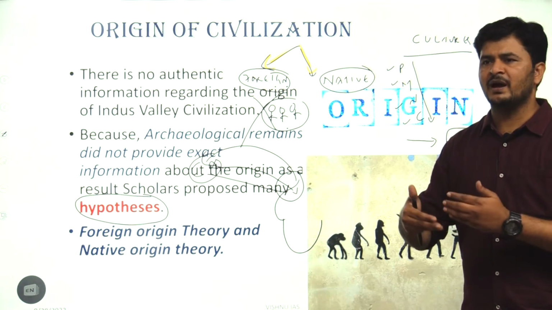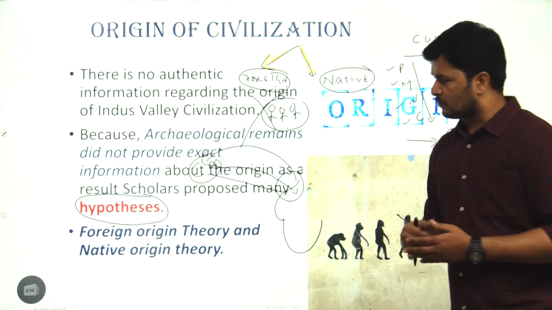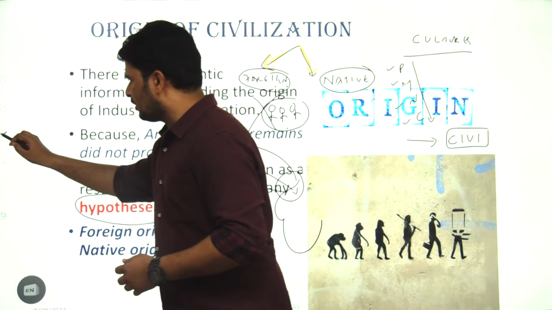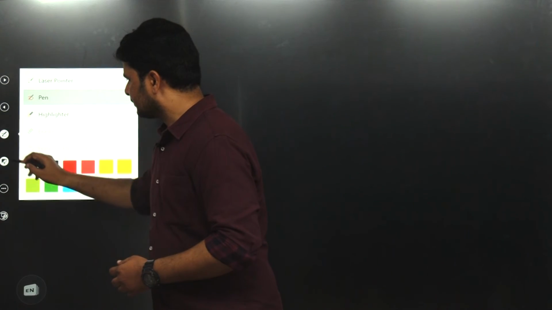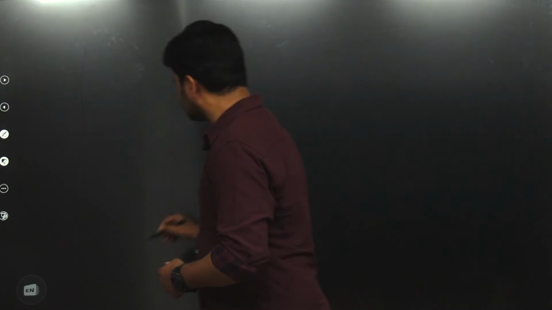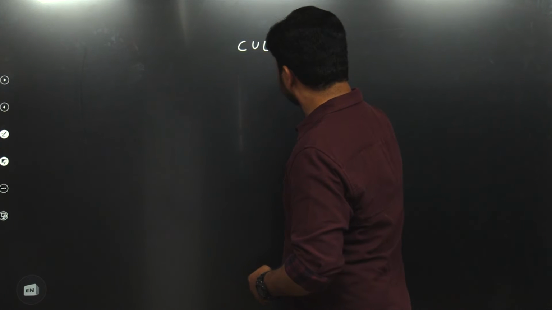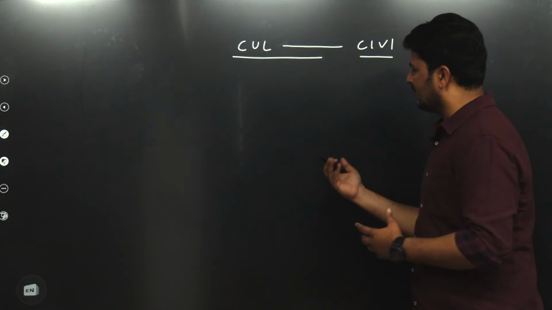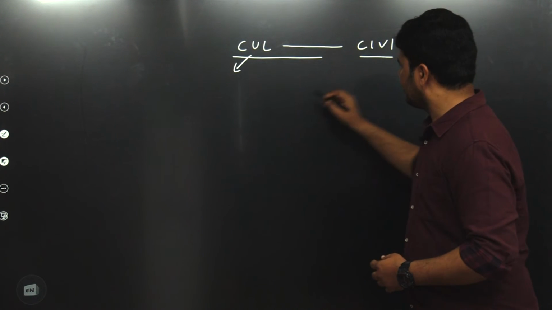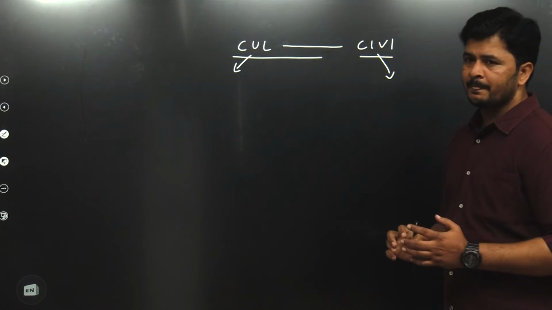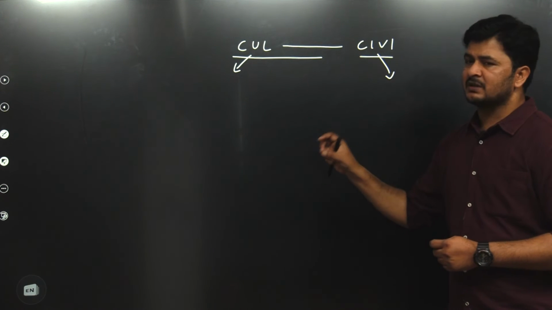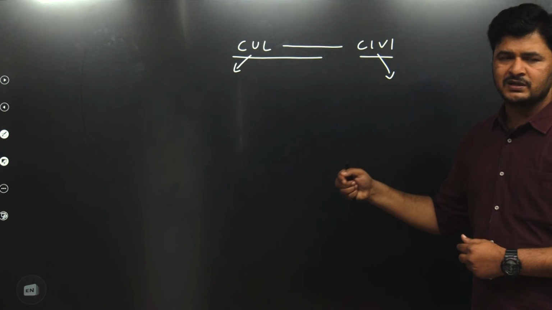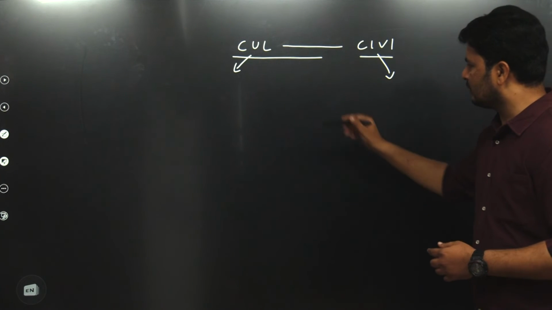So Indus Valley civilization. Now the question is, in order to call a particular culture a civilization, as we know, culture is nothing but way of life, civilization is nothing but advanced way of life. So in order to call a particular culture a civilization, what are the prerequisites according to archaeologists?